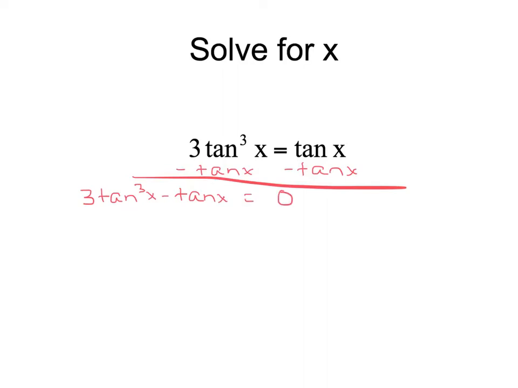And now with a cube, what do you do with a cube? So I'm seeing that I have tangents in both of those, so I'm going to factor one out. And then I'm left with a tangent squared.